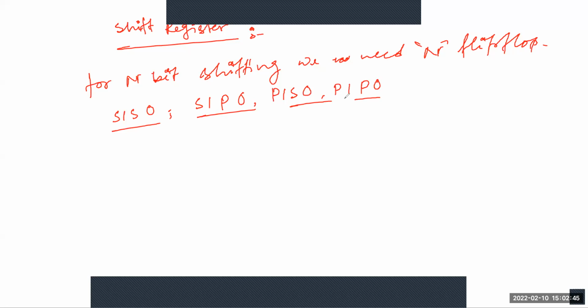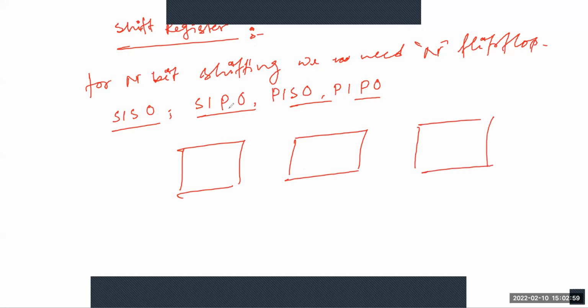Okay, so first we will discuss the serial in, serial out shift register. For this, suppose we have 3 flip flops.